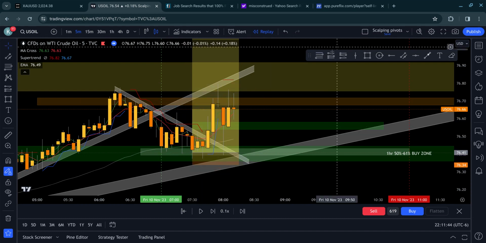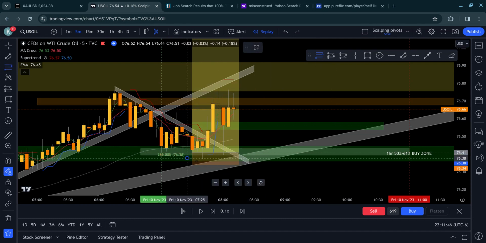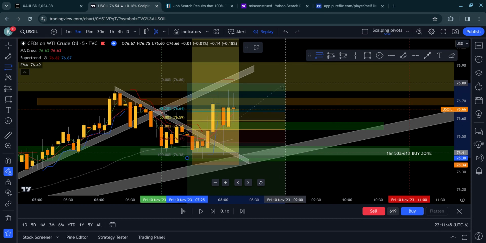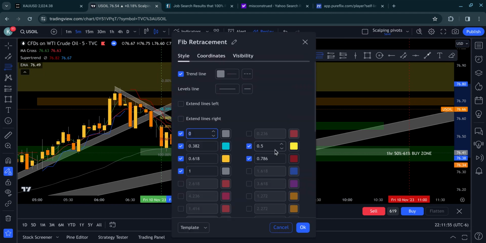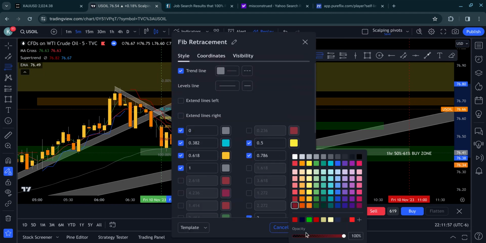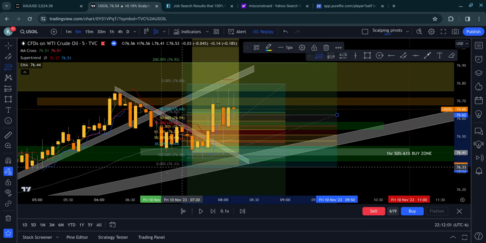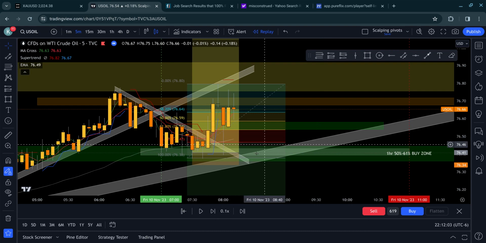So that was on the 5 minute. If you look here, that was another 78.6 retracement, right? And I'm breaking that up a little bit. All right. So that was the 78.6 retracement.